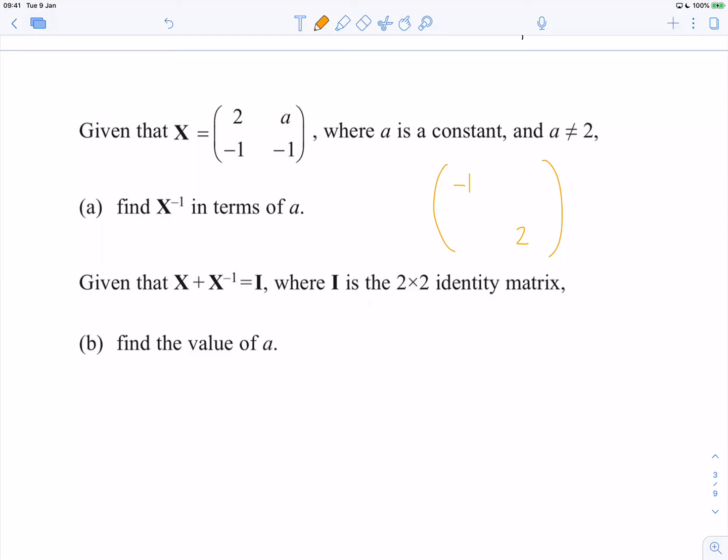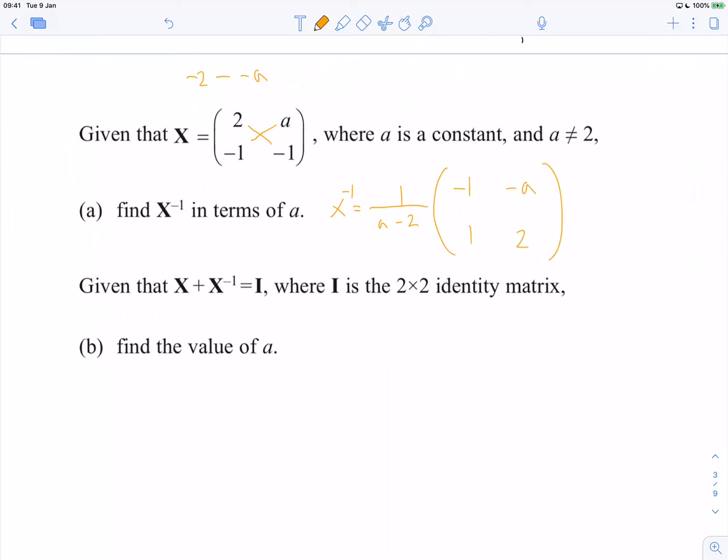You change the sign of the top right and bottom left, and you have 1 over the determinant on the outside. So this is going to be 2 times minus 1, which is minus 2, minus a times minus 1, which is minus a. So minus minus a becomes plus a. So the inverse is just going to be 1 over a minus 2 times that matrix there.